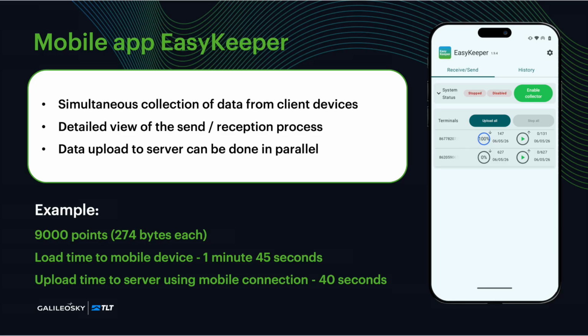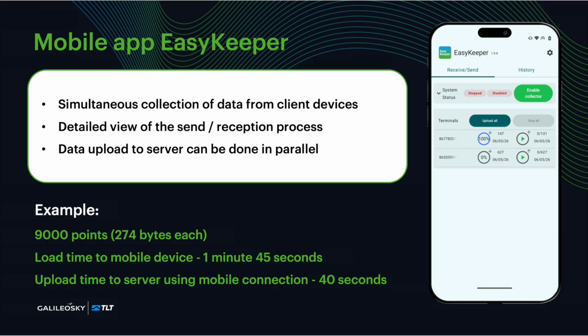That's why we created this mobile app called EasyKeeper. It's an application that you can install on your Android phone and gives a solution for these three problems. You can have simultaneous collection of data from client devices.